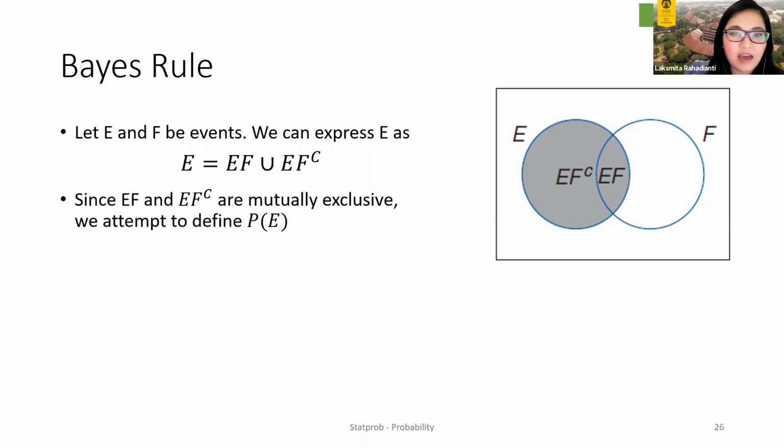So let's see, what is EF? The intersection, it's this area here, and E intersection F complement is this area here.